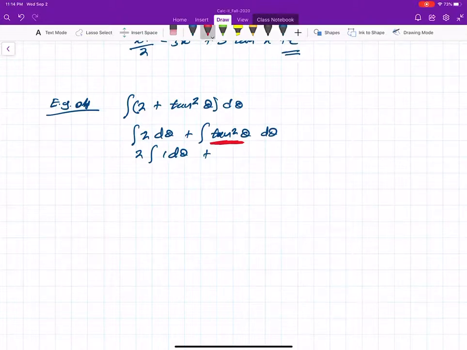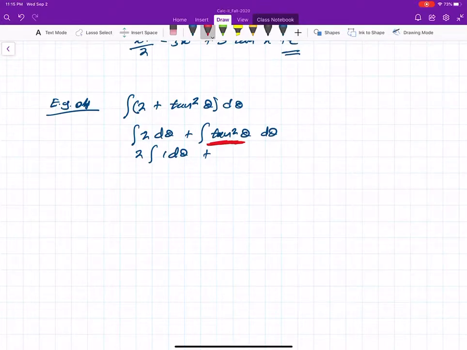All right. Because of that reason, the second step is to try to find whether there's a trigonometric identity that transforms this one into another trigonometric function that you can integrate.